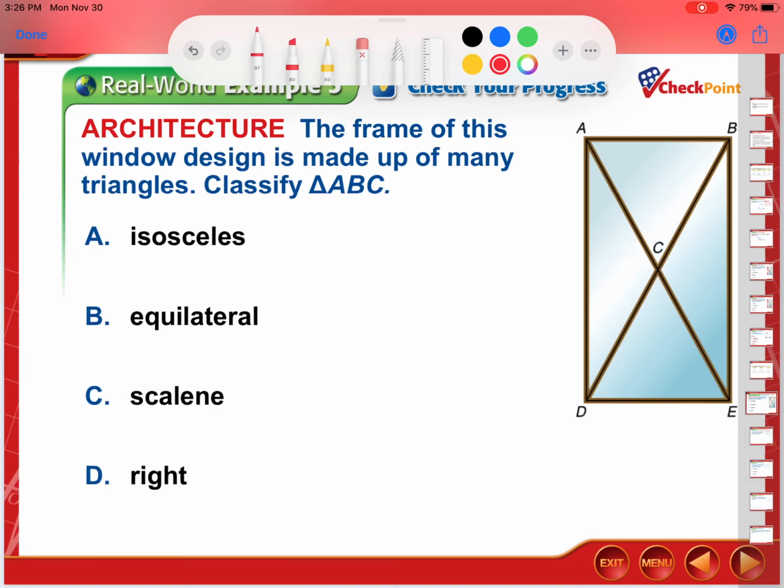All right, so we're back to our architecture problems. So the frame of this window is made up of many triangles. Still, they want us to classify triangle A, B, C. Okay. So here's my issue here.